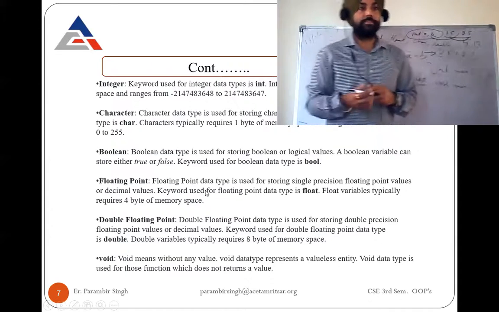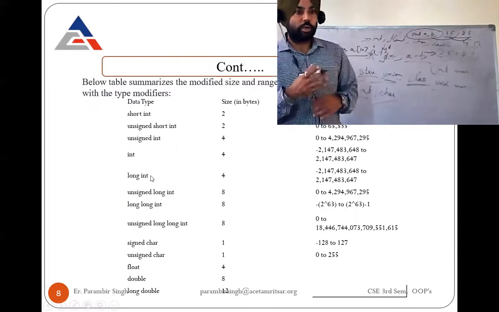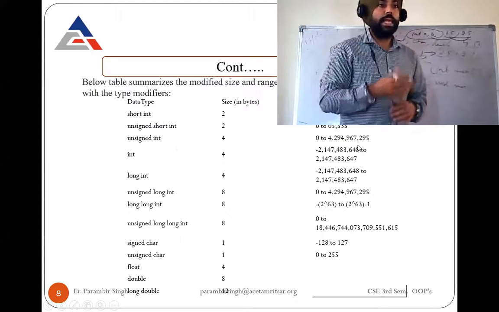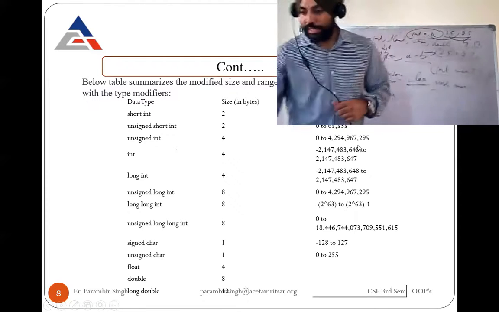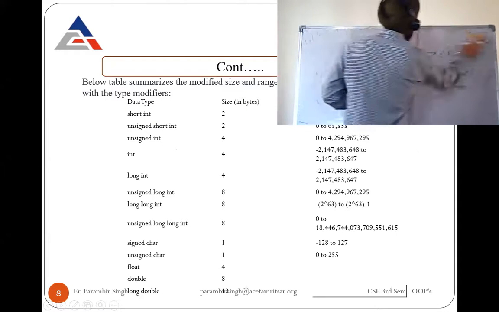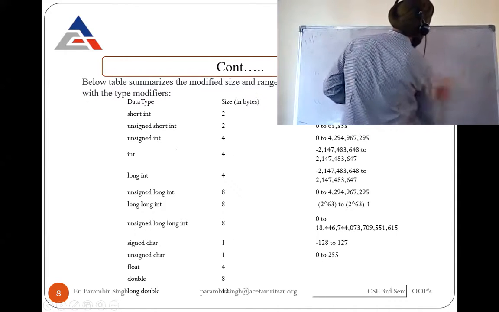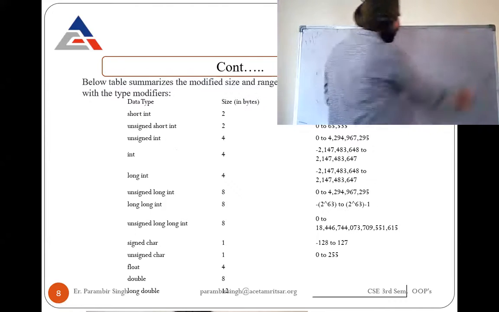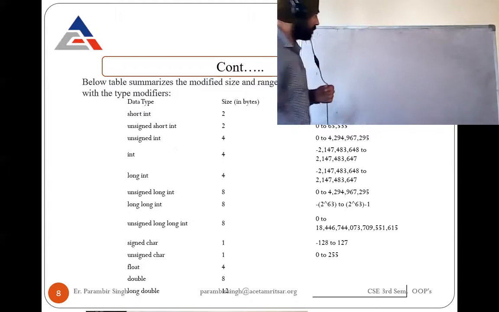Next, this is all about the range of the data types. When we are using an integer variable, suppose I want to add two numbers with the help of integer type variables.